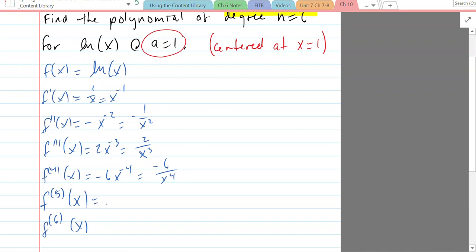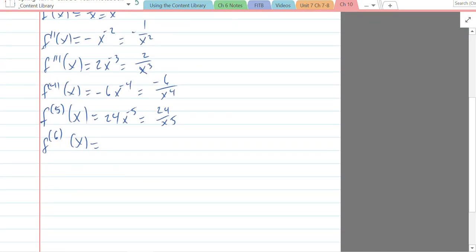My fifth derivative is 24x to the negative 5, which means it's 24 over x to the 5th. And my sixth derivative is negative 120x to the negative 6, and that equals negative 120 over x to the 6th. And that's not that hard.